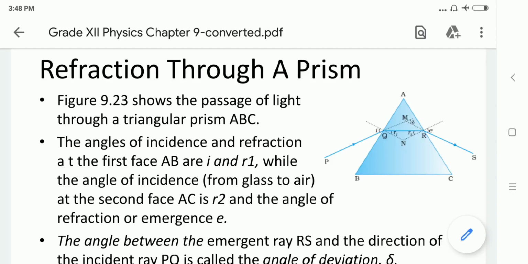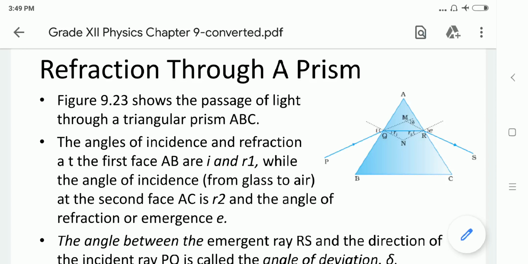Here the angle of deviation is the angle delta, as you can see in the diagram at point M. The quadrilateral is A, Q, N and R. The angles at the two vertices Q and R are right angles, so the sum of the other remaining angles of the quadrilateral is 180.